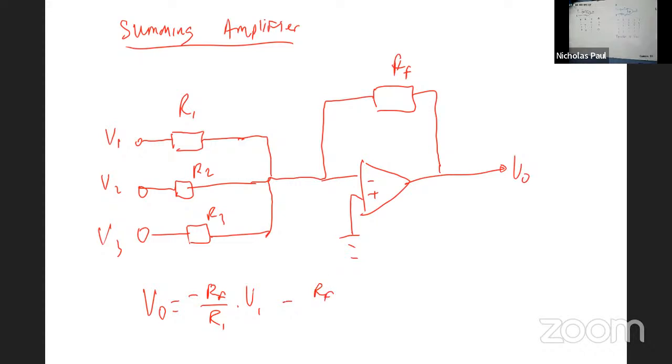How do you find outputs again? Output is input times gain, right? So you find the gain using each one of the resistors and multiply it by each one of the inputs. So it's RF on R2 by V2 minus RF on R3 by V3.